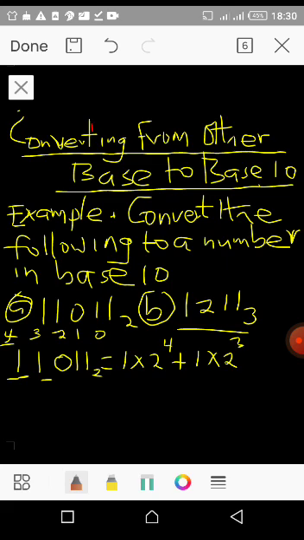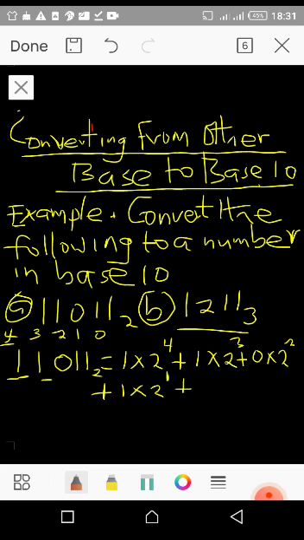Plus the next digit, 1, times 2 raised to the power of the place value, which is 3. Plus the next digit, 0, times 2 raised to the power of 2. Then plus the next digit, 1, times 2 raised to the power of 1.